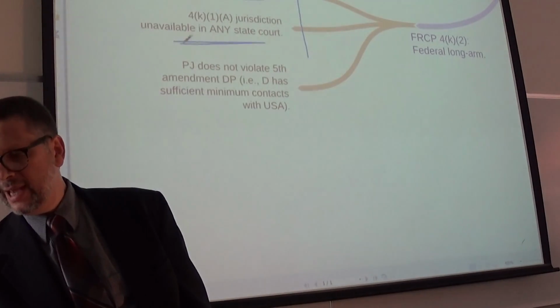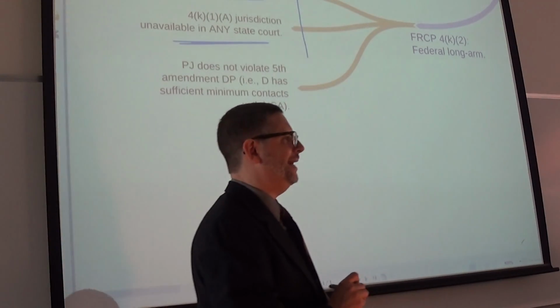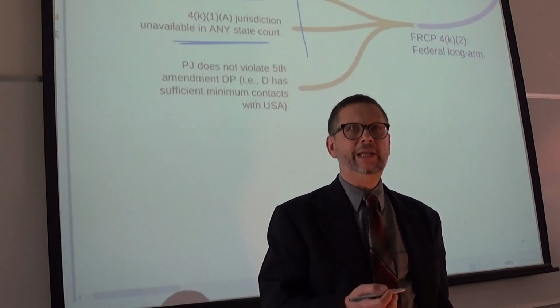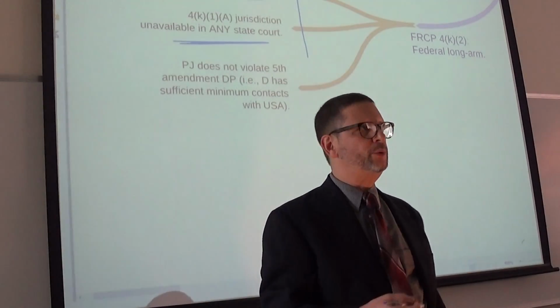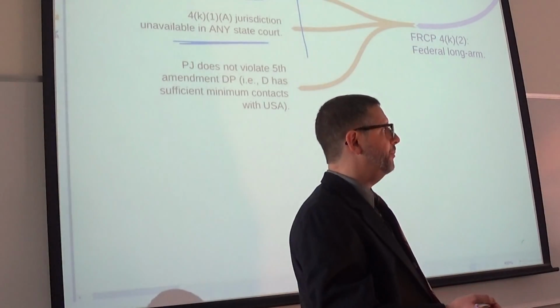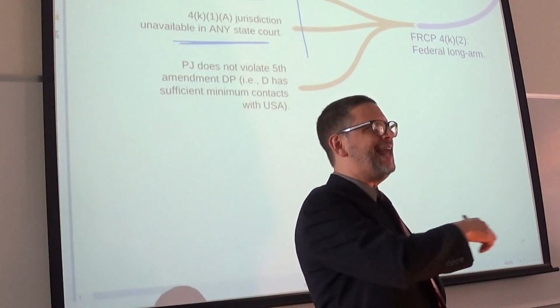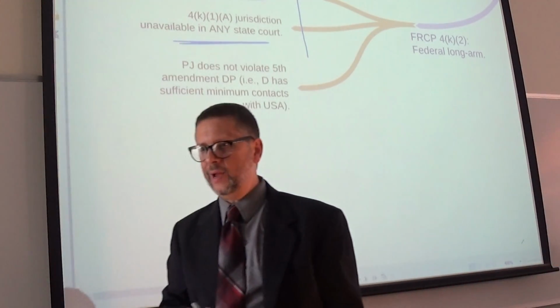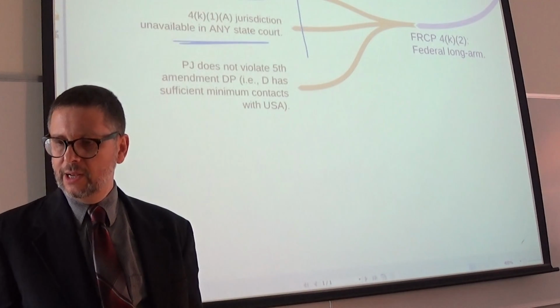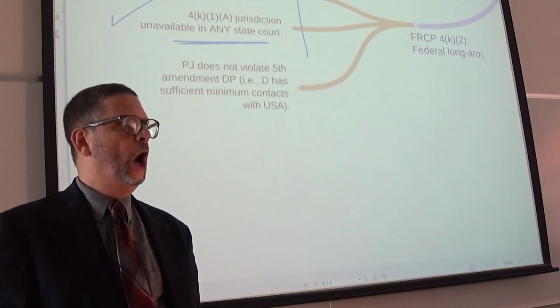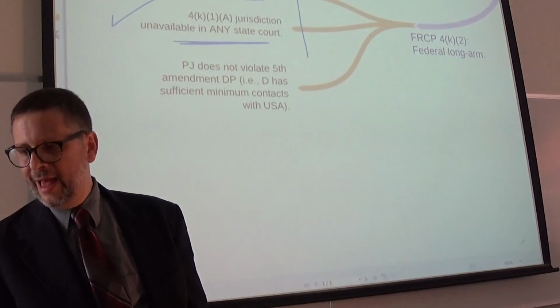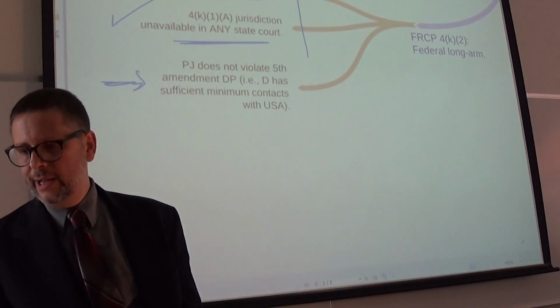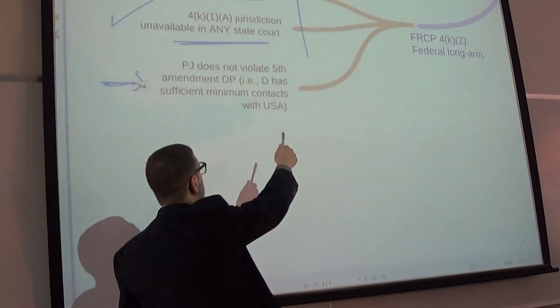Second, there can't be 4K1A jurisdiction in any state court. Put differently, there can be no state court of general jurisdiction that would have PJ. That means no jurisdiction in any state. Okay, well, if we have a federal question and no state court jurisdiction, then PJ is okay so long as personal jurisdiction will be consistent with the Constitution.